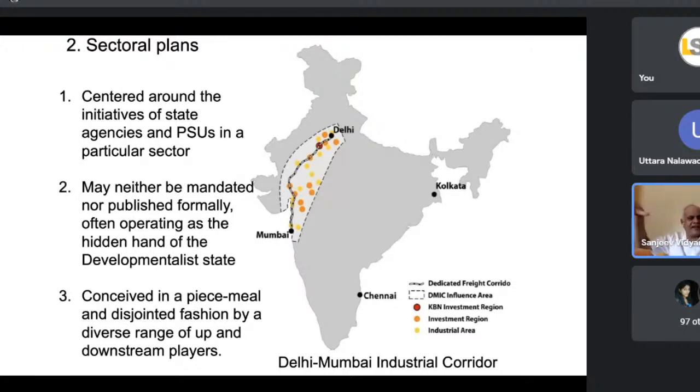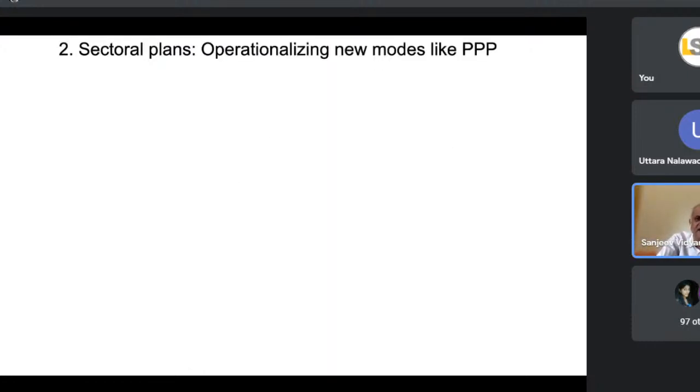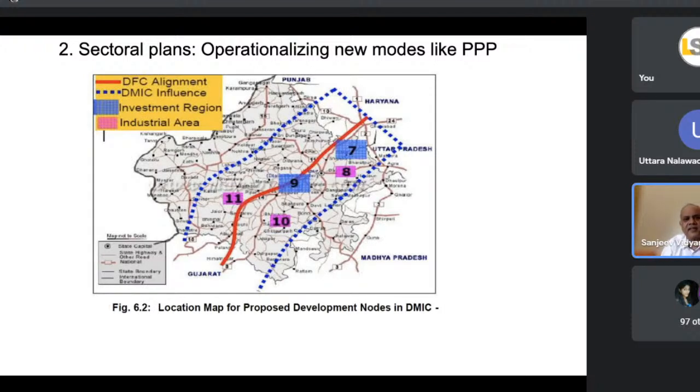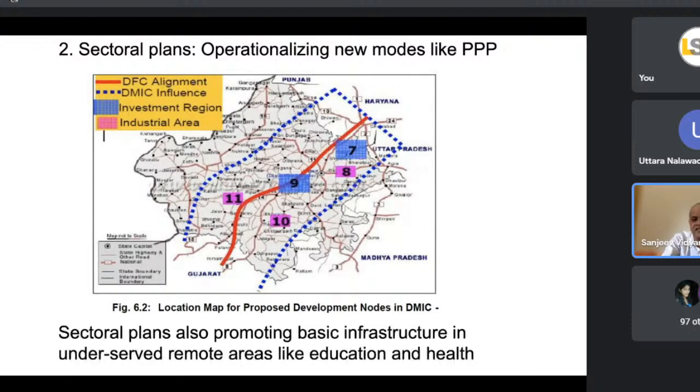Again, many different actors, state level, central level, local level, working together. And that are sort of creating these investment regions and industrial areas of vast size across the entire geography. So that's the second kind of plans, and they are important because they promote basic infrastructure.